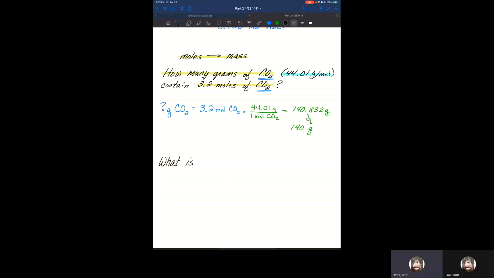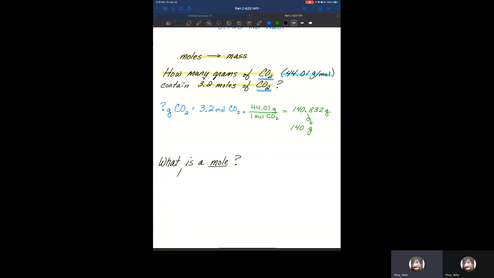What is a mole? The way to think about a mole and a molar mass is it's a way to count a bunch of individual pieces by using its weight.